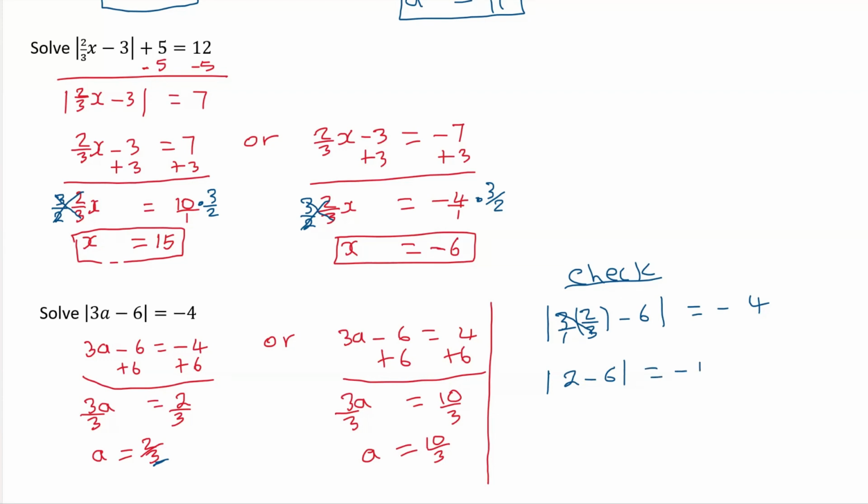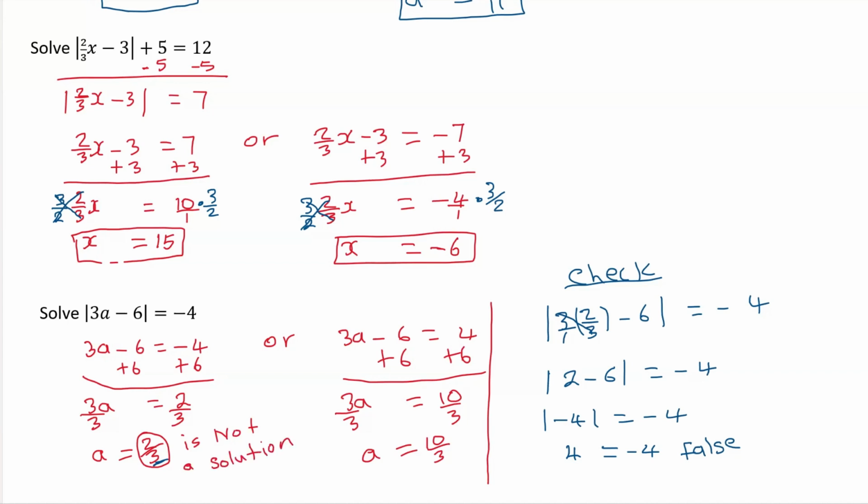Is that -4? Or if you further simplify, this is the absolute value of -4 equals -4. So is that true? Well, you know the absolute value of -4 is 4. So is 4 equal to -4? This is false. So that means 2/3 is not a solution.